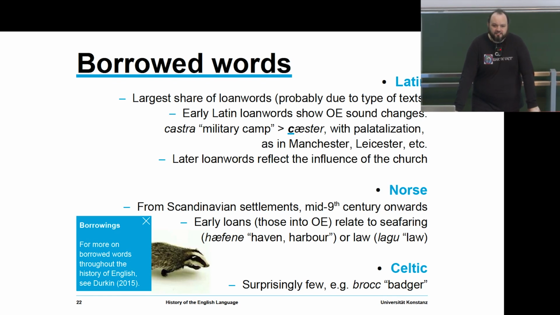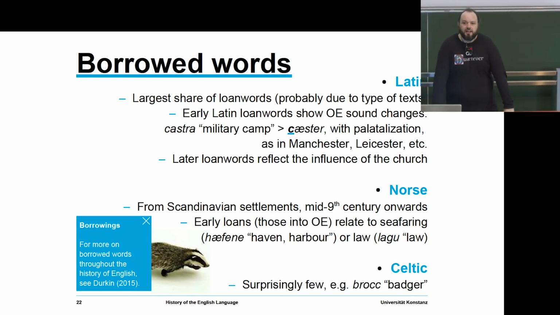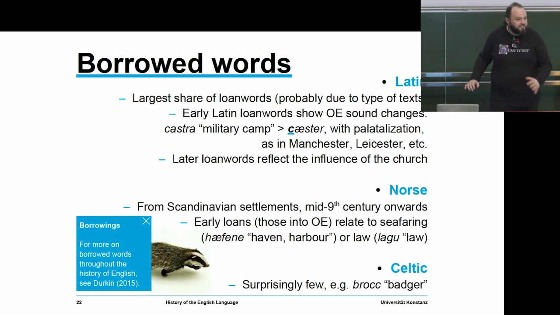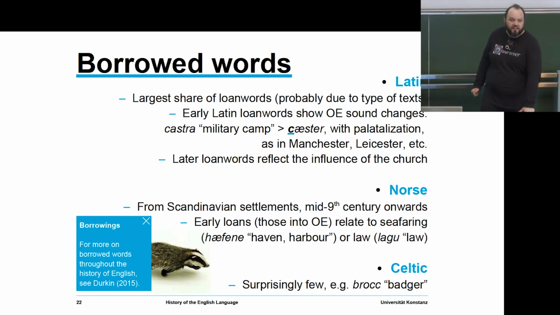Now Lancaster is not Lanchester, and it shows that in the north of England, those place names seem to have not undergone palatalization, which suggests that maybe in the north of England there was no palatalization. Maybe this palatalization sound change actually only took place, or only significantly took place, in the south of England, in the West Saxon dialect. We'll come on to that in a minute.